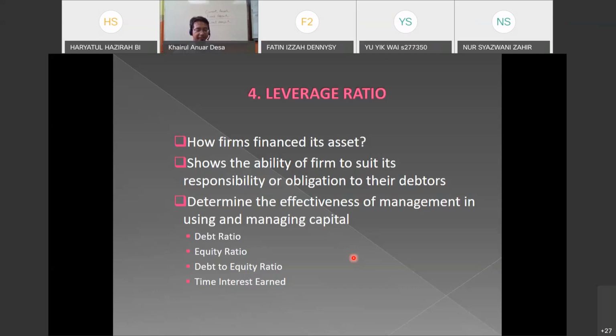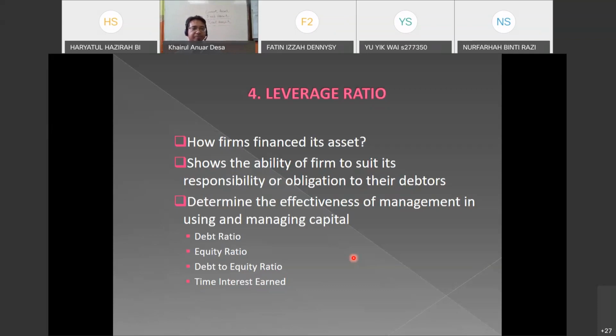Okey, kita sambung kepada Fahana, Nur Fahana Razim. Farhana, are you here? Farhana tak makan lagi ke? Makan dah. Okey, dah makan.